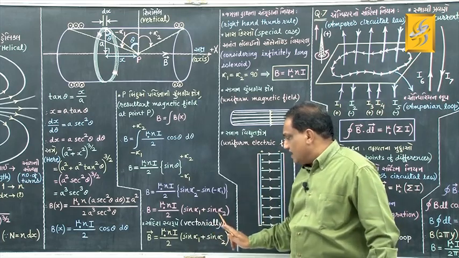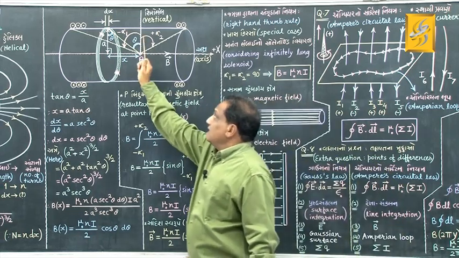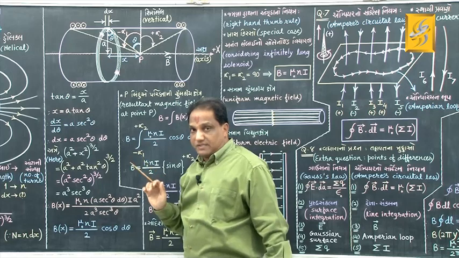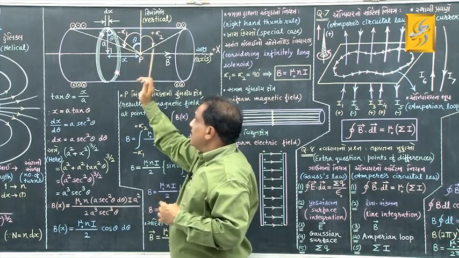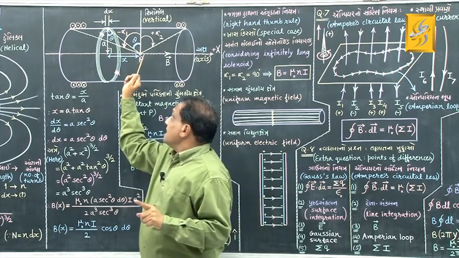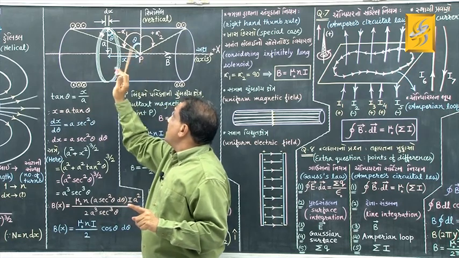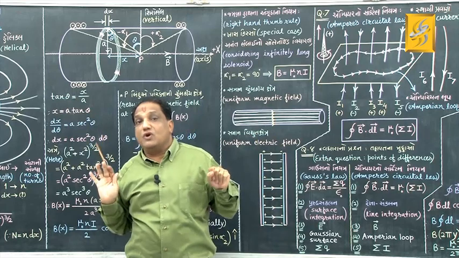And what are alpha 1 and alpha 2? Look, alpha 1 and alpha 2 are the magnitudes of angles made by the vertical line passing through the considered axial point with the line segments joining point P and the two upper ends of the solenoid.